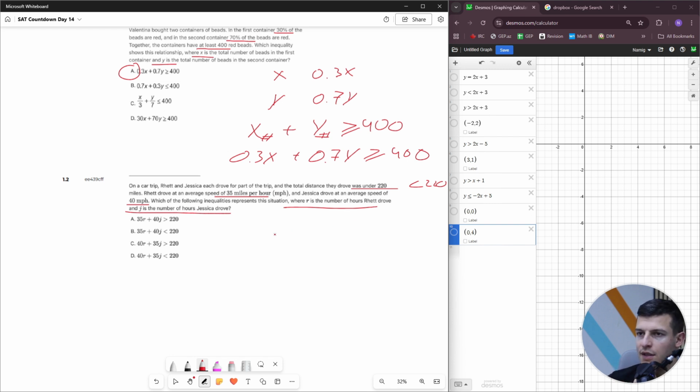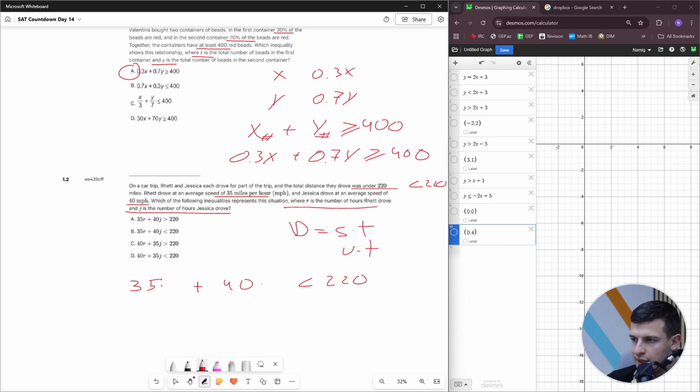Now, this comes down to a very famous equation from physics. Doesn't mean you have to know physics, but distance is equal to speed times what? Time, right? Or velocity times time, doesn't matter. Now, the velocities are given. One of them is 35 and the other one is 40. We need to multiply them by some sort of time and add them, so it ends up being 220, right?